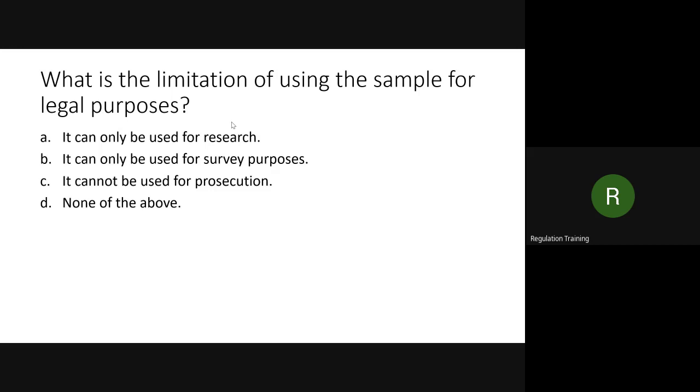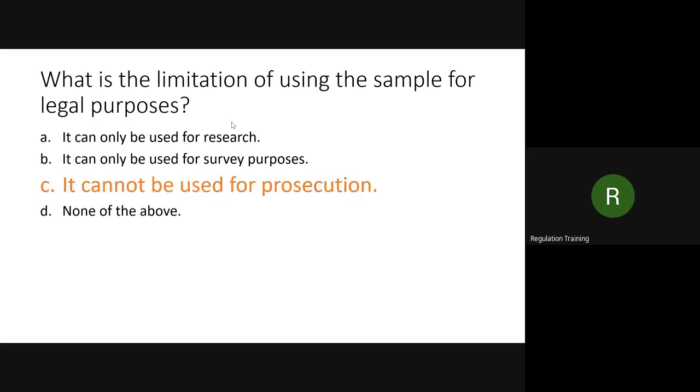A legal sample is for prosecution. What is the limitation of using the sample for legal purpose? It cannot be used for prosecution. This option is wrong. It should be none of the above.